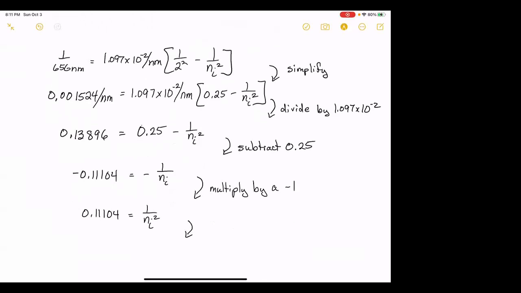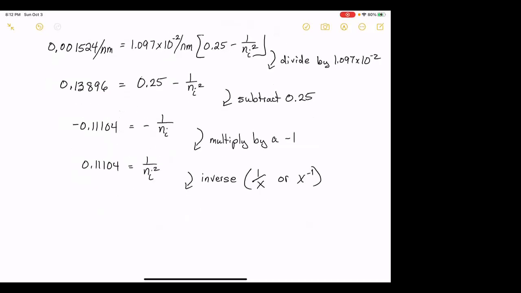I then take the inverse, which is represented by 1 over x or x to the minus 1 on your calculator, depending upon what it is. And what I wind up getting is 9 is equal to n sub i squared.